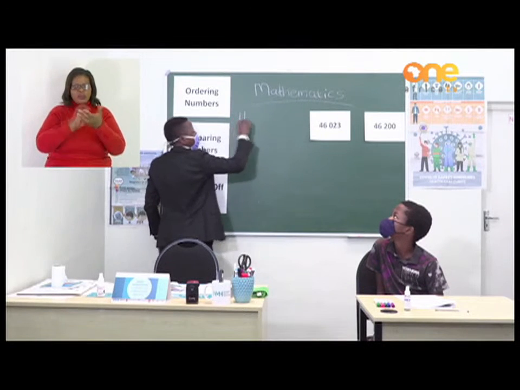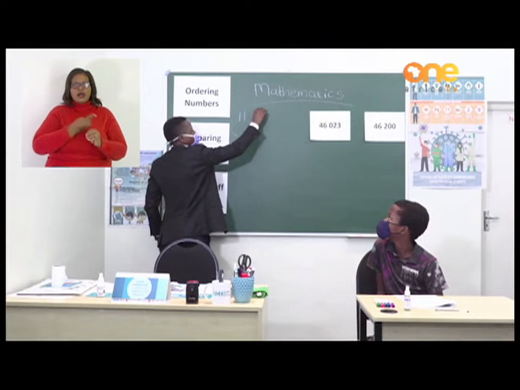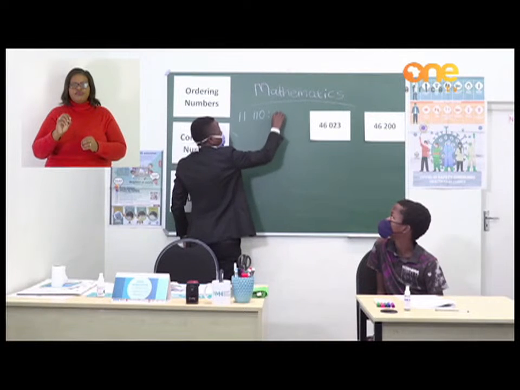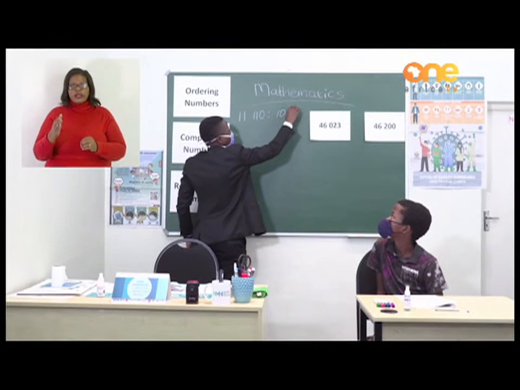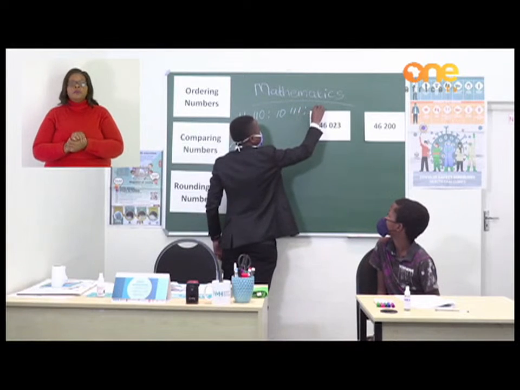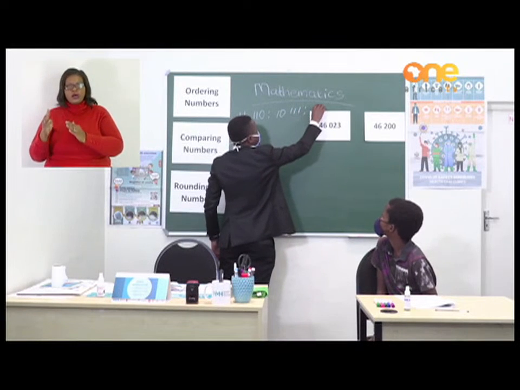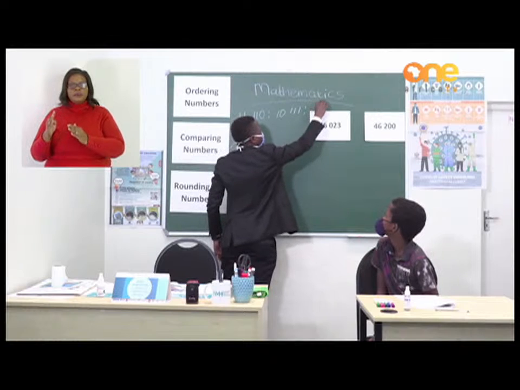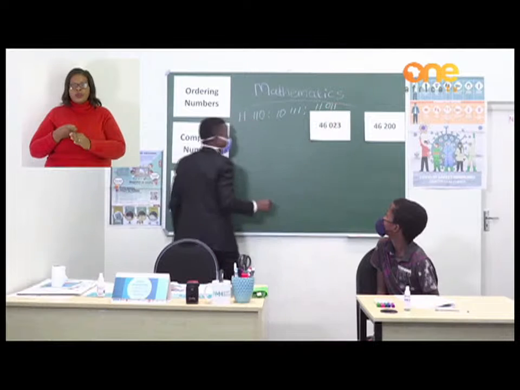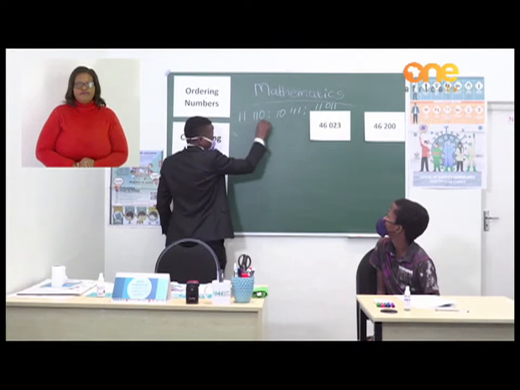I'll start with 11,110. Maybe compare that to 10,111, and then I'll have another one which is 11,011.